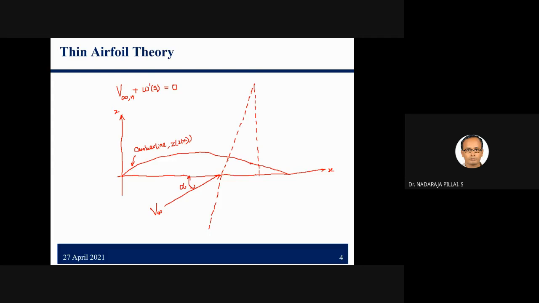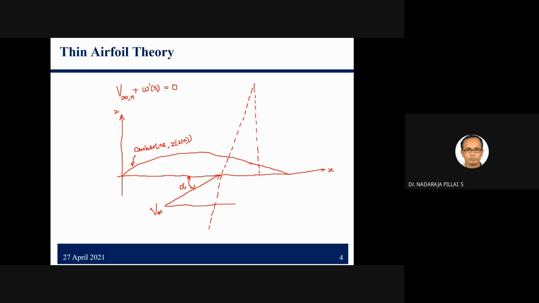Here you have a small elemental distance, so that can be taken as dz, right? And I draw a line parallel to x.